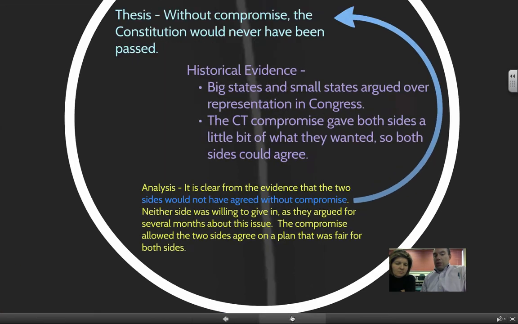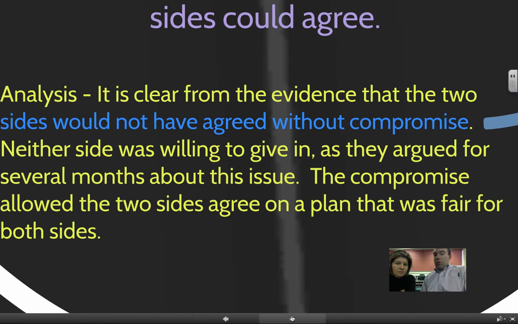In our analysis, we want to use those facts to support our thinking. So it is clear from the evidence that the two sides would not have agreed without compromise. Neither side was willing to give in, as they argued for several months about this issue. The compromise allowed the two sides to agree on a plan that was fair for both sides.